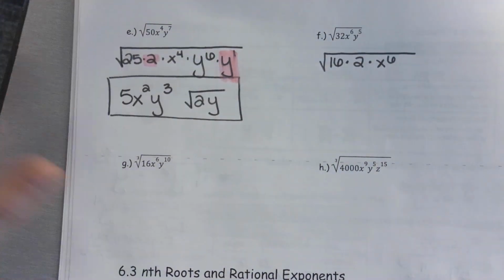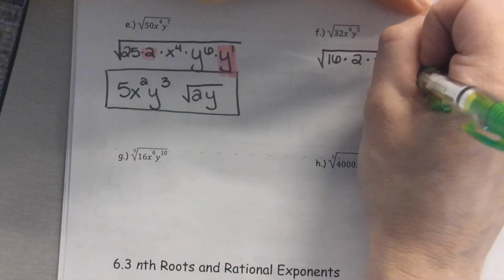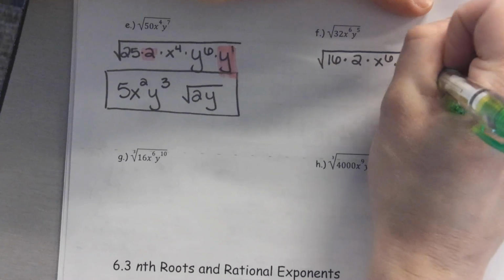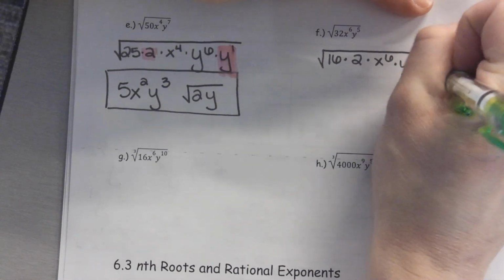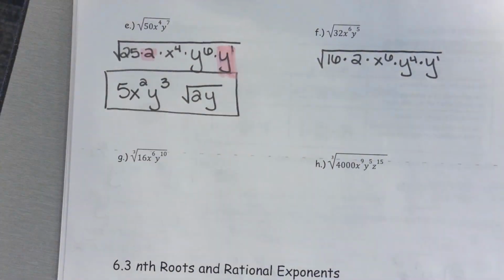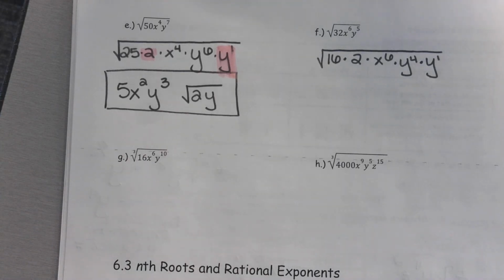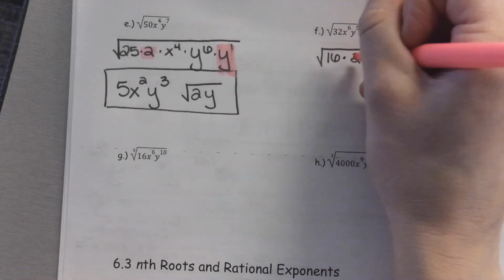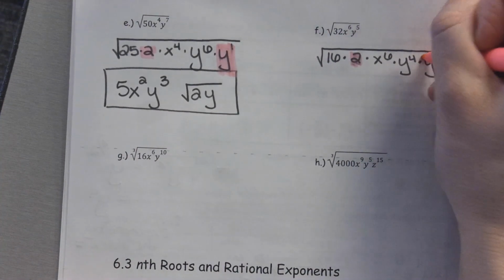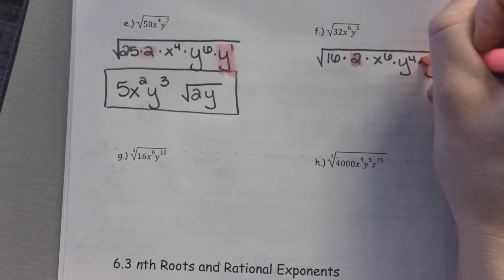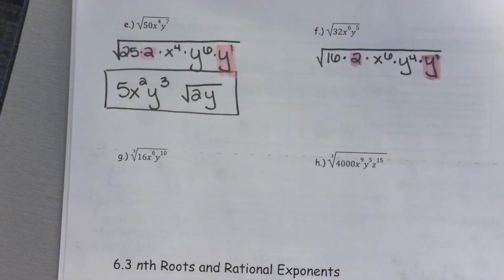What about 5? Is 5 nicely divisible by the root of 2? Bummer. Okay, let's drop down a notch. What about y to the 4th? Yes. Okay. So y to the 4th times y to the 1st. The things that are going to stay under are 2 and y to the 1st because, again, they're not nicely square rootable.